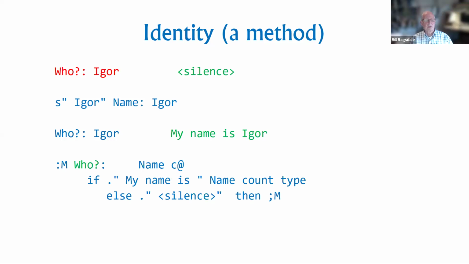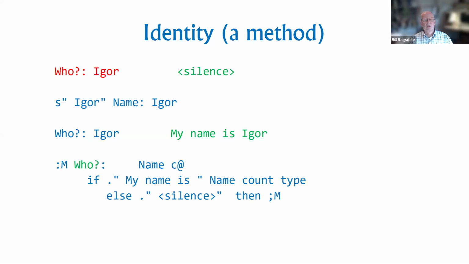The code to do this is written mostly in Forth. The :M followed at the very end by the semicolon M means this is a method. It behaves just like a colon definition does, but it has a wrapper around it that allows it to exist inside the object. So in this case now we have a variable called name, and the cfetch pulls the first character of that name.